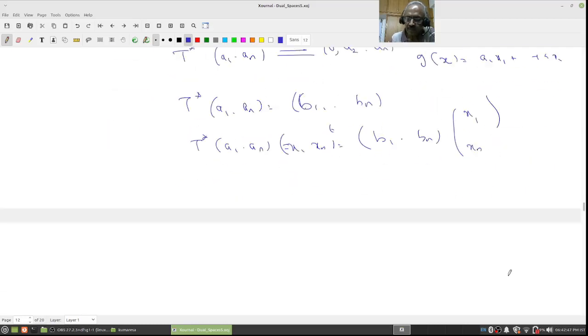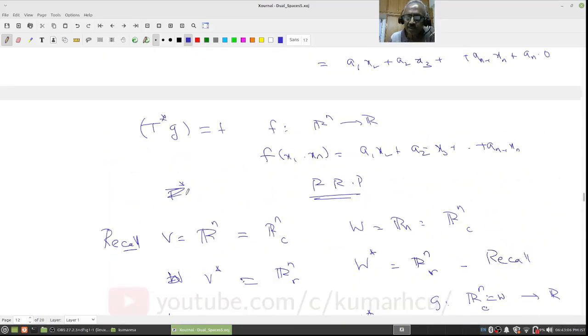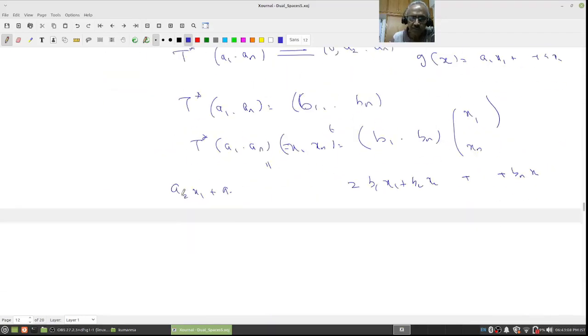Okay, but that by definition is b1 x1 plus b2 x2 plus bn xn. But we know what this is. This is actually a1 x2 plus a2 x3 plus an minus 1 xn.